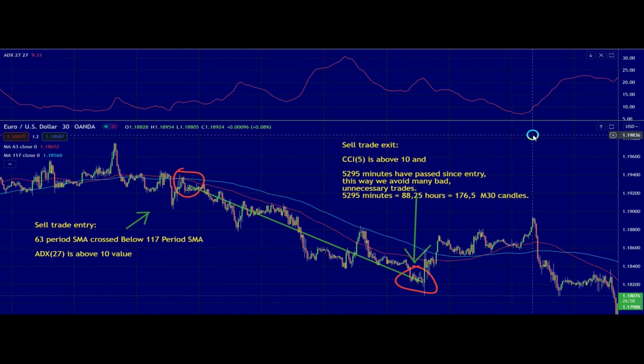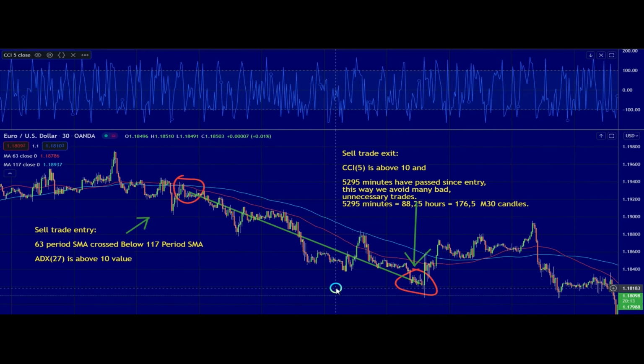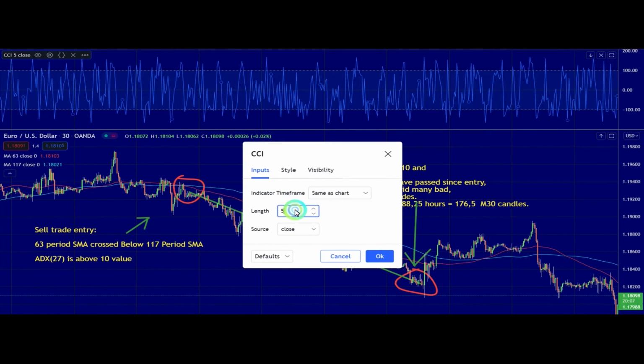So first we will need a CCI for this, but with a different length and a different source than the default in TradingView. So we need a 5 length and we need close as source.